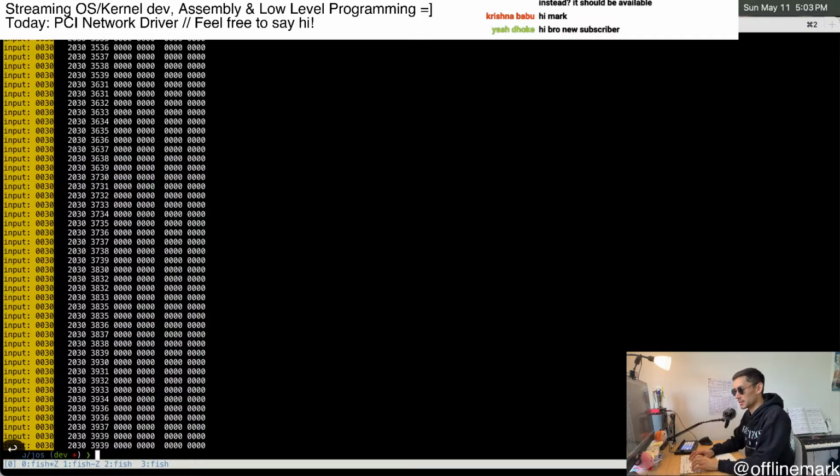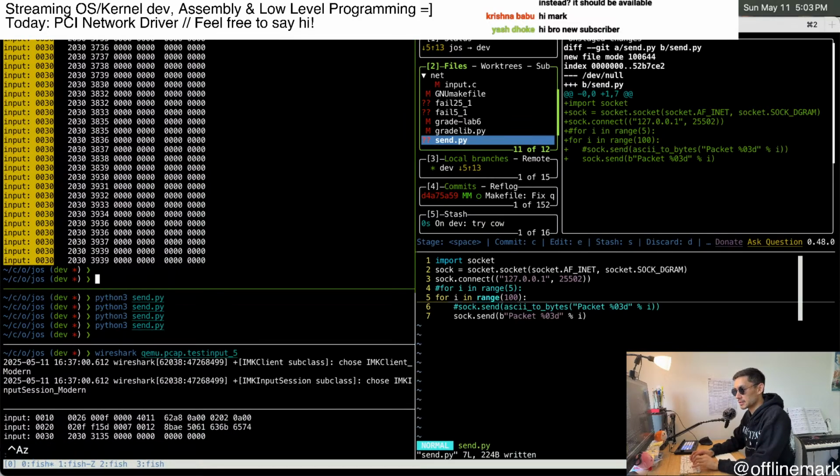And we could even get this really optimized. I wonder, I could do my QEMU command and then I could do my ag, ag input 30 tee.